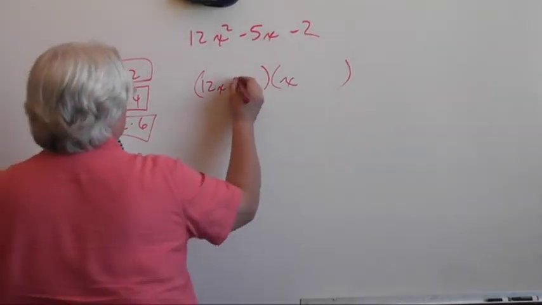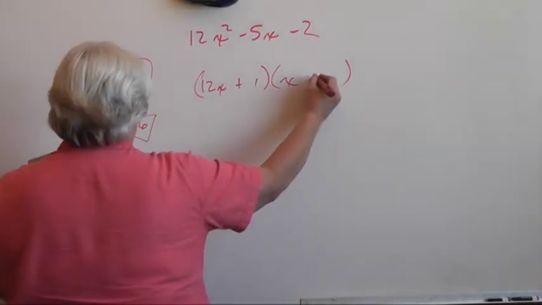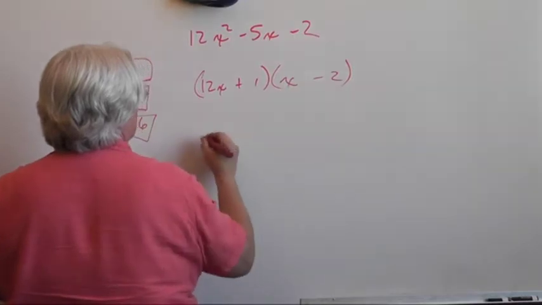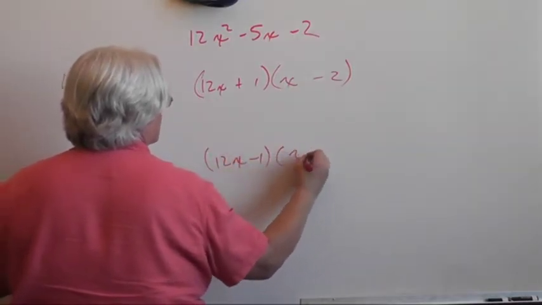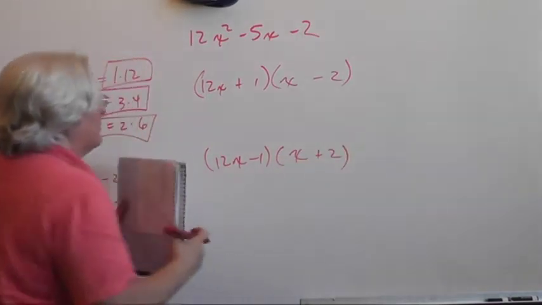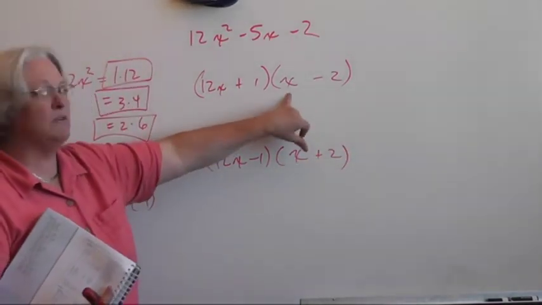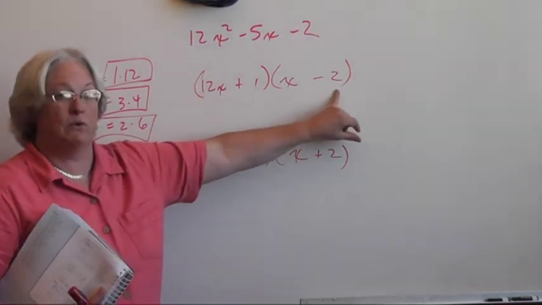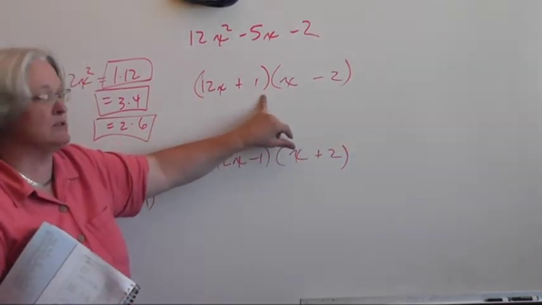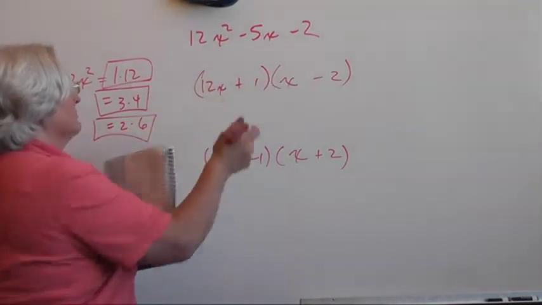So let's try trial and error. Plus 1 minus 2, or 12x minus 1 times x plus 2. What happens? We get 12x squared, but then we have minus 24 plus 1, minus 23. That doesn't work.